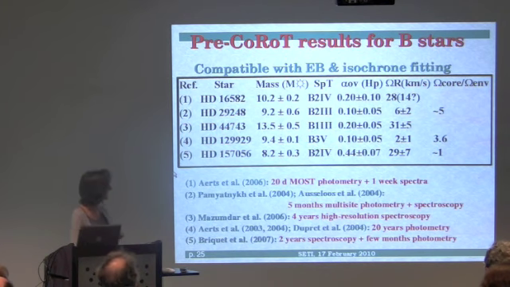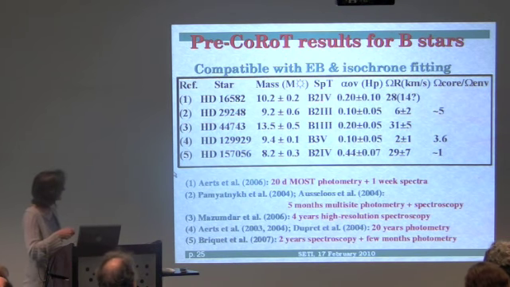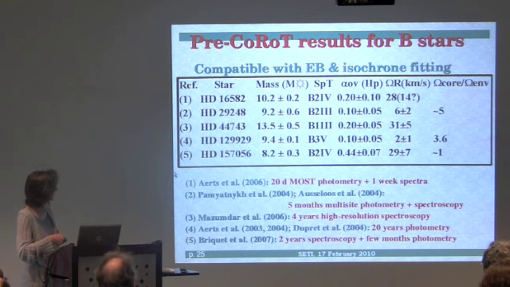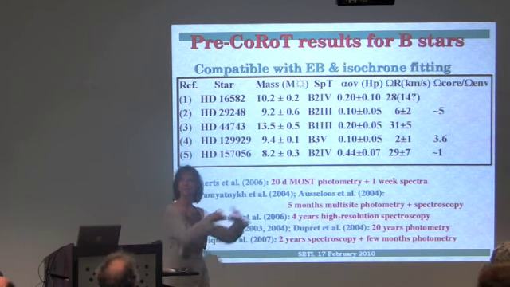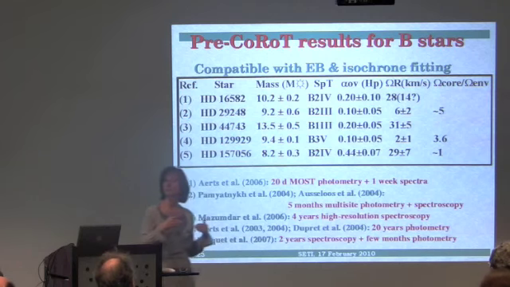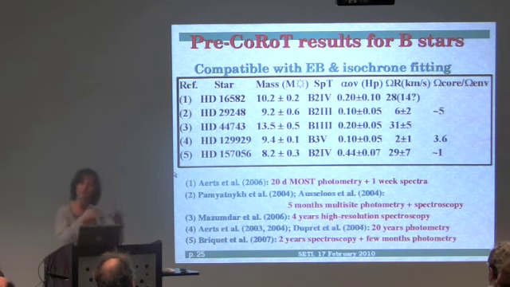I'm showing this table because this has been quite intensive in terms of observing. Look at this. Here are the 5 stars for which we have an estimate of the overshoot parameter. You can find it here. This is the amount of the path that the bubbling cells cross into the radiative zone, and that determines how much material is taking part in the nuclear fusion, and that's expressed in pressure scale heights here, so it's a dimensionless number.